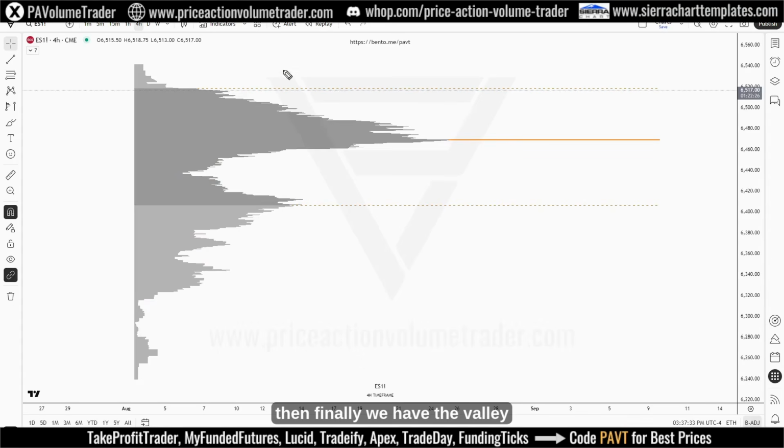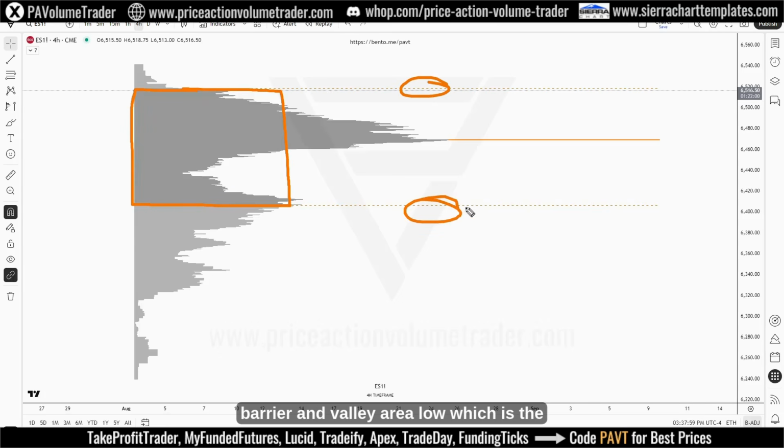And then finally, we have the value area, represented here by the darker gray. This represents where 68% of the total volume from the beginning to the end of the profile was traded. In this value area, we have the value area high, which is the upper barrier, and the value area low, which is the lower barrier.